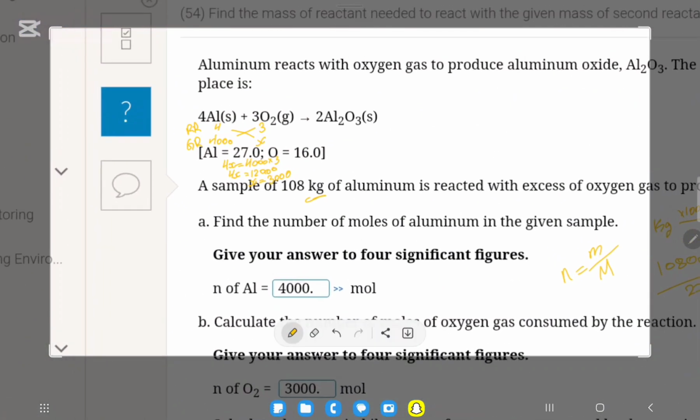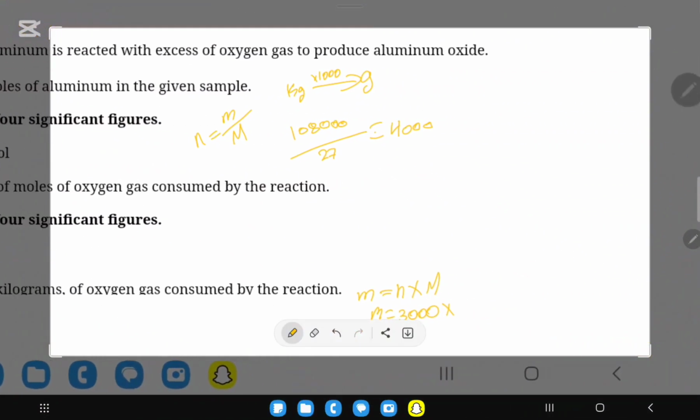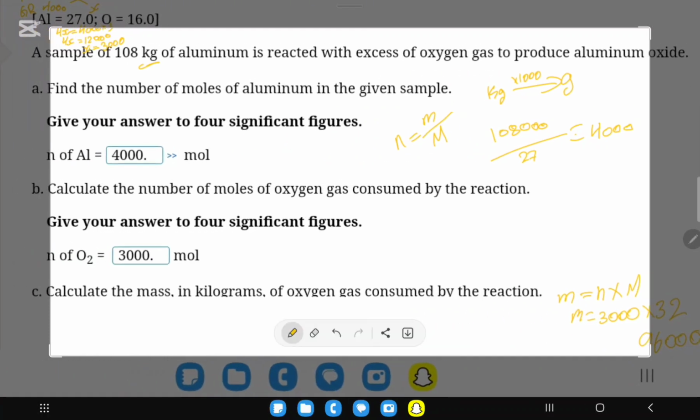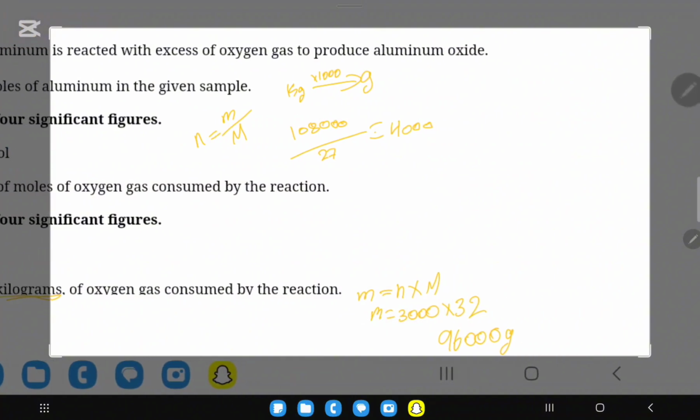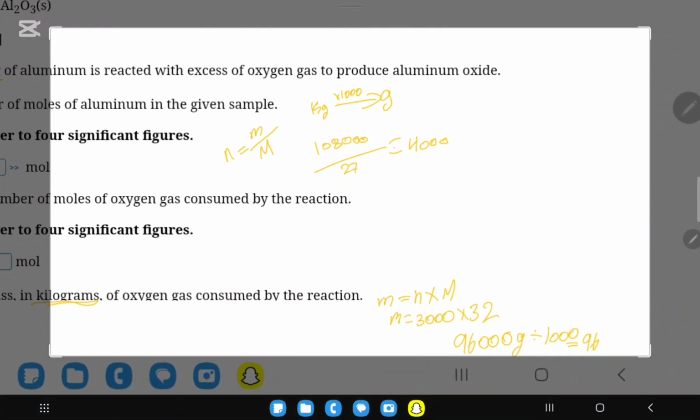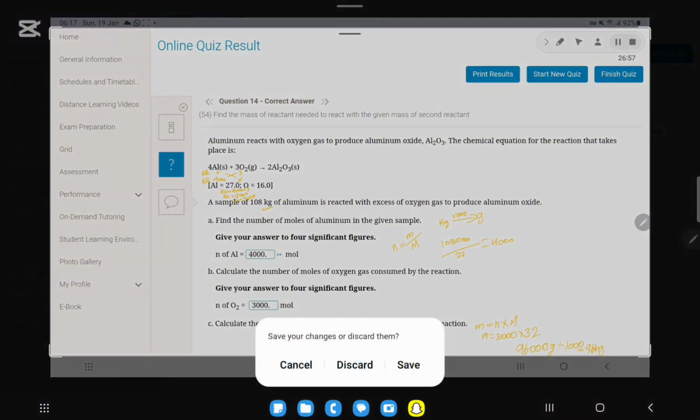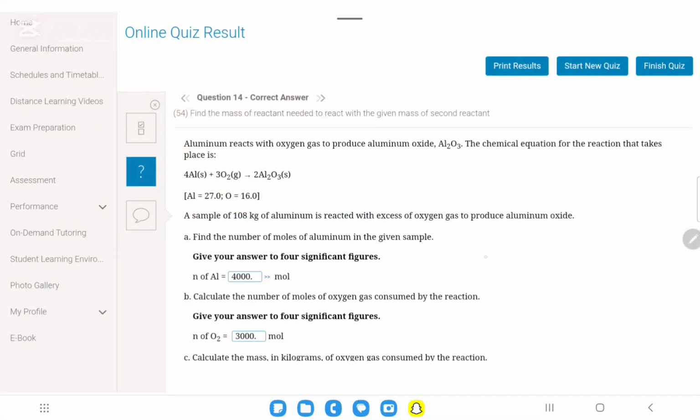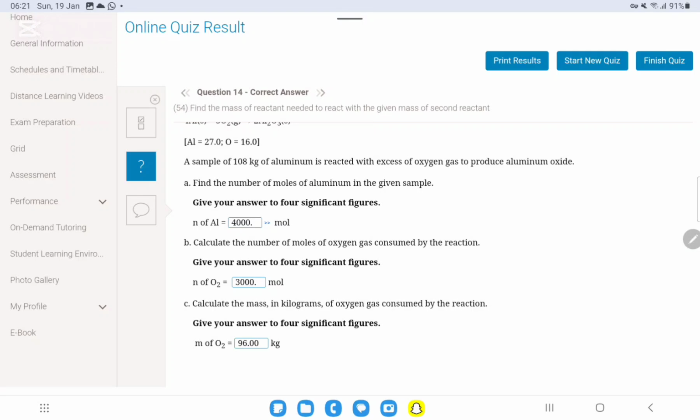We said oxygen is diatomic, but we don't use O, we use O2, which is 32, and you get 96,000. Now this is the mass in grams. They want it as they said here, kilograms. You divide by 1,000 and you get 96 kilograms of oxygen. Oh yeah, and they wanted 4 significant figures, so you put 0.00.